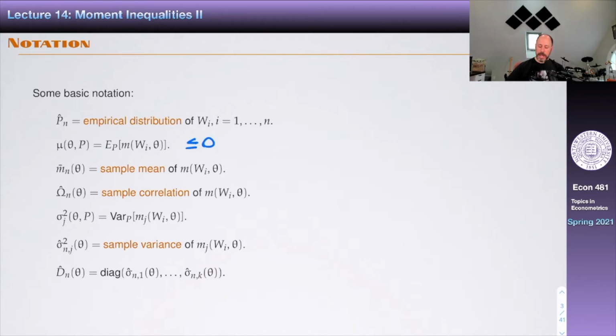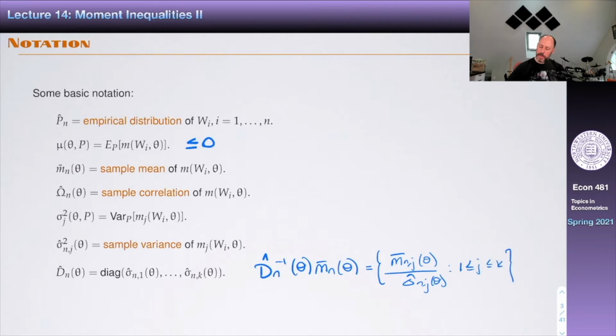We're going to see D hat inverse floating around, which is a way of getting m bar divided by sigma hat everywhere. So D hat inverse of theta times m bar theta is going to appear frequently, and essentially this is m bar n j theta divided by sigma hat n j theta for j going from 1 to k. Okay, so that's what we're going to be doing.